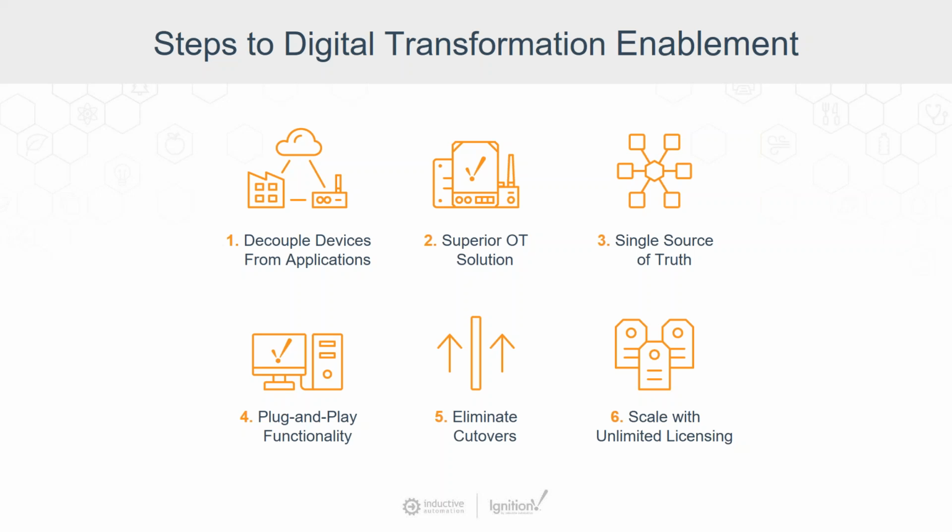Because we obviously have to have the software on these hardware solutions at the edge, but we need to be able to get out a lot of that data that's out there. And if there's more that comes in, we can bring more of that data in without having to pay for new licensing. So these are really six important steps for this digital transformation to get to the promise of where we can go with this data.